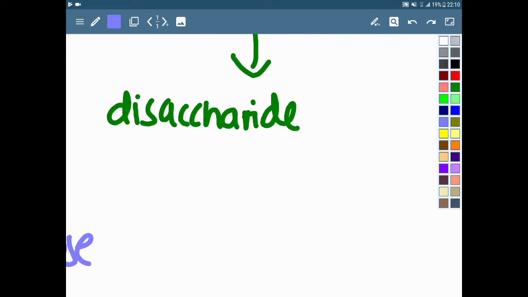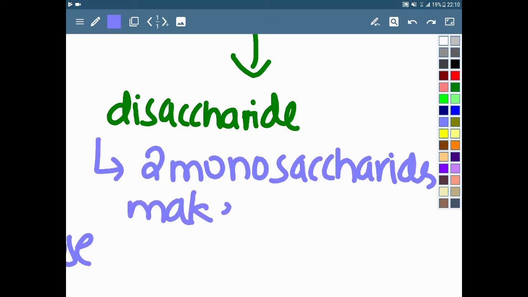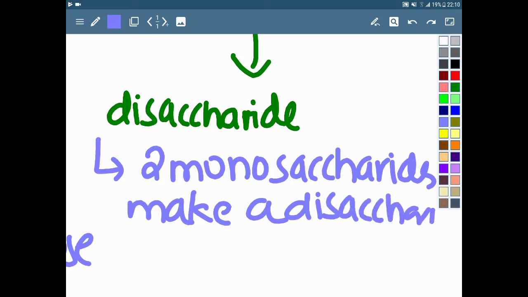Now for a disaccharide, two monosaccharides make a disaccharide.